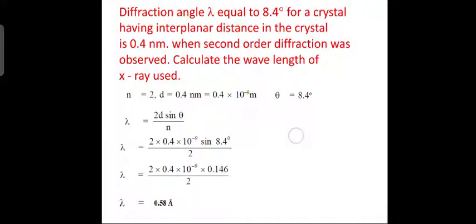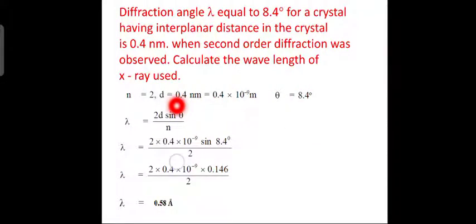Next slide. The diffraction angle theta is 8.4 degrees for a crystal having interplanar distance 0.4 nanometer, when a second order diffraction was observed. Calculate the wavelength of the X-ray used. N is equal to 2, d is equal to 0.4 nanometer, 0.4 into 10 to the power minus 9 meter, theta is equal to 8.4.